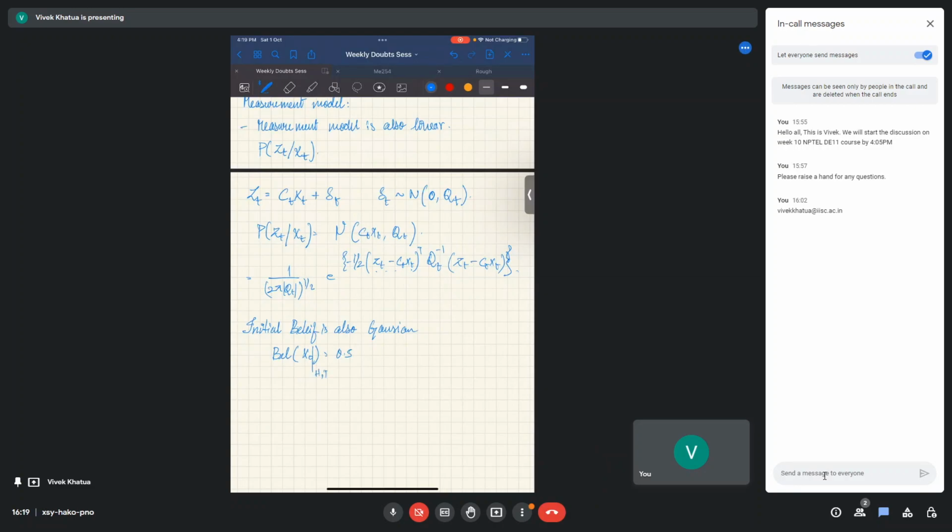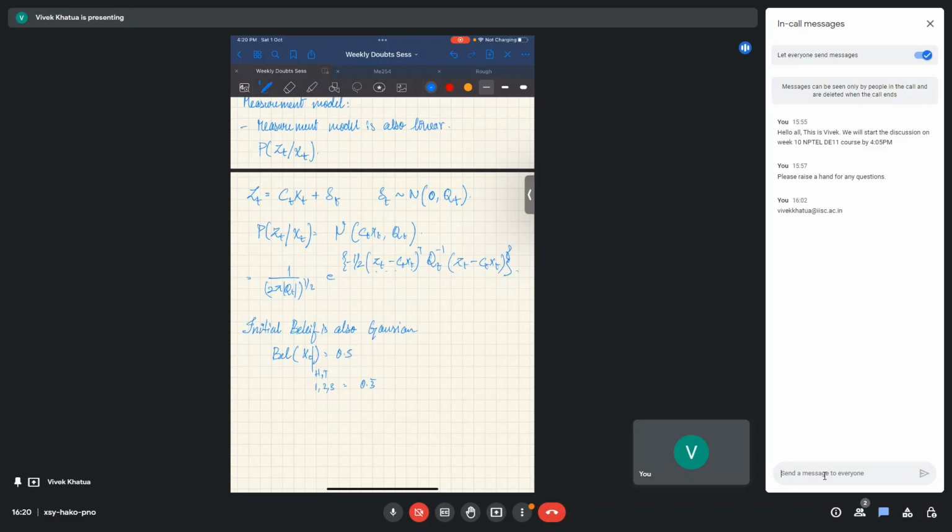If there were more states, like states 1, 2, 3, each would be equal to 0.33 recurring. So we took something like an equal probability of occurrence, and then we started with that as our initial belief.